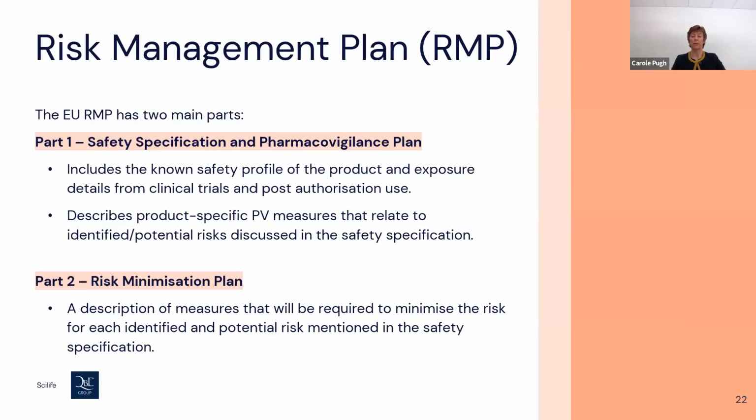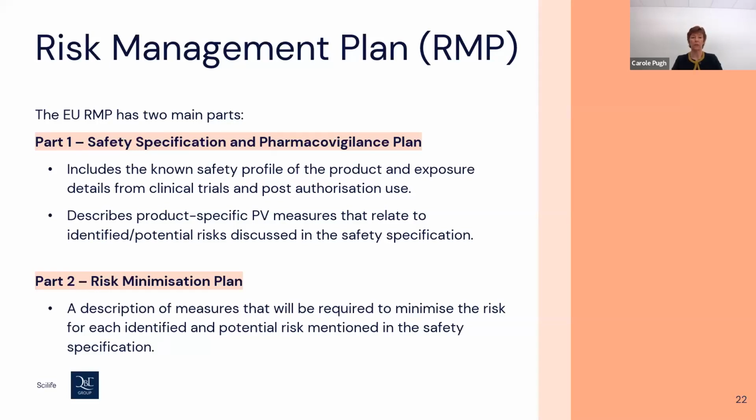Moving away now from discussing overall system processes within a company, each product in Europe is required to have a risk management plan. And this has to be presented in the marketing authorization application. This is a significant document for new chemical entities, less so for a generic product.